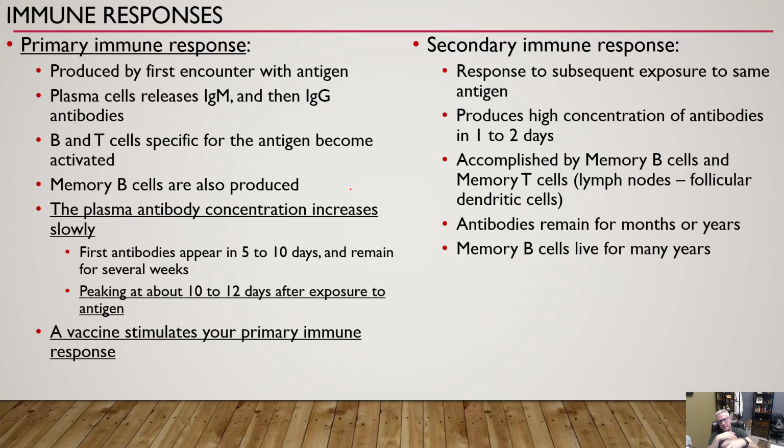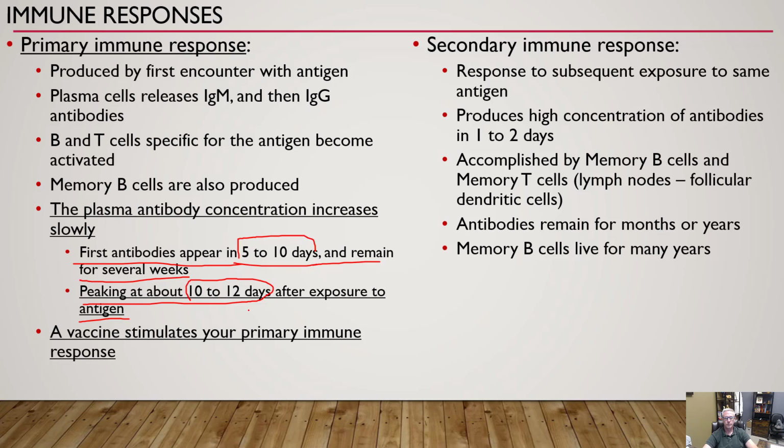So it'll take about 5 to 10 days for antibodies to appear in our bloodstream. And you'll actually see them in our bloodstream for several weeks. They peak about 10 to 12 days after exposure to a particular antigen.